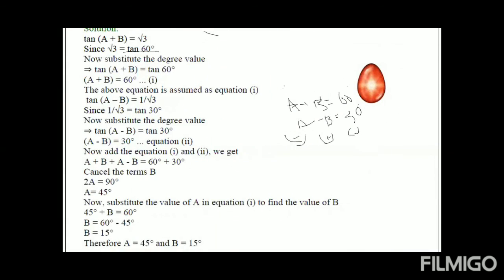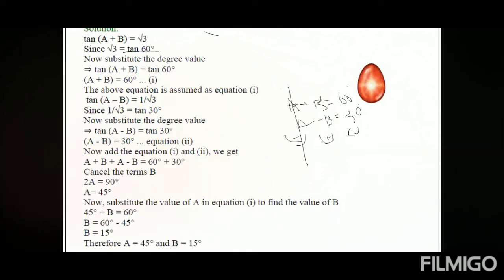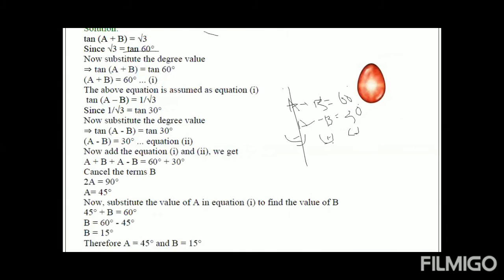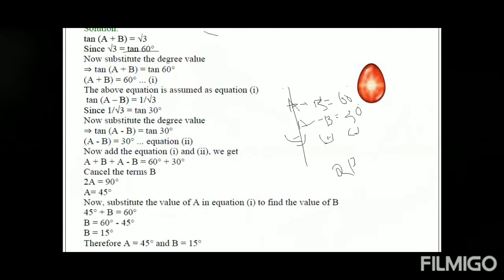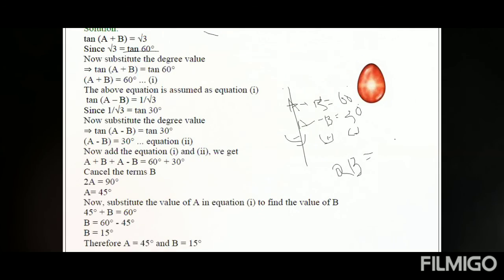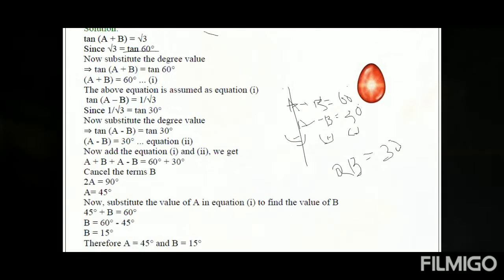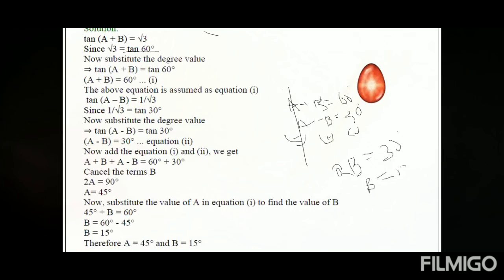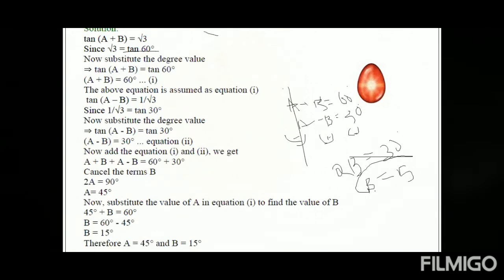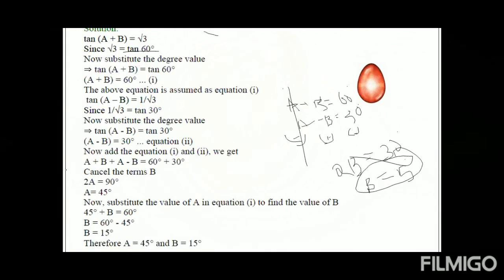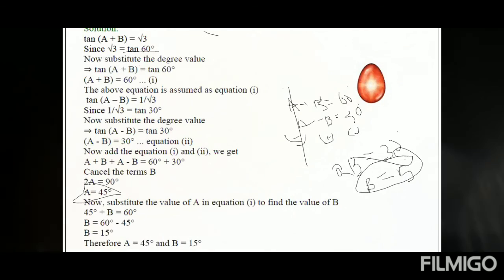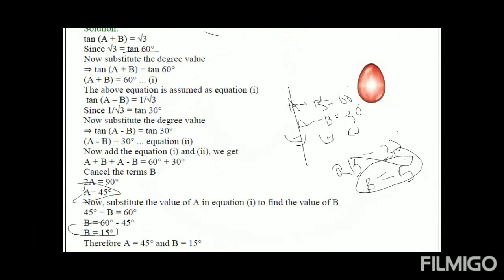Then you get A gets cancelled, right? B gets 2B, that equals 30 degrees, and B equals 15. And when you substitute B equals 15 in any equation like A plus B equals 60, you get A as 45 and B as 15. Got it?